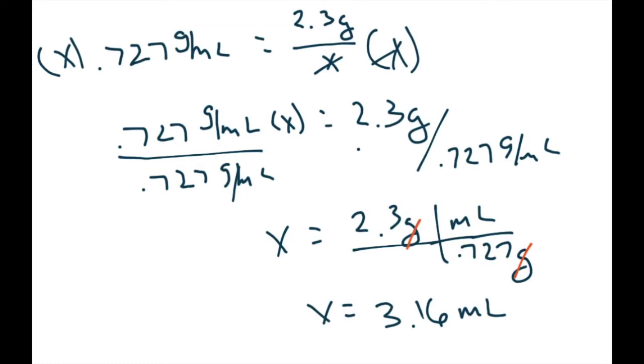You can be like, oh wait, I have a density that's less than 1, but my milliliters came out to be less than the number of grams. That can't be right. So just keep that in your head. Density less than 1 means more mLs. Density more than 1 means fewer mLs than grams.